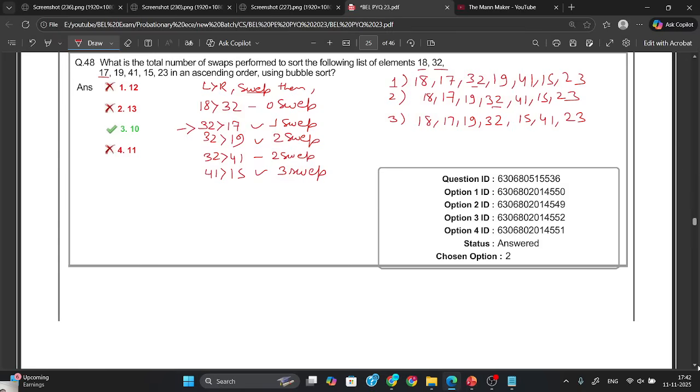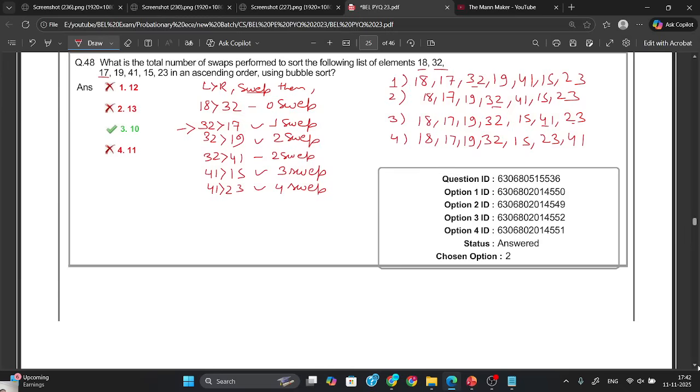Now we compare the next pair, 41 and 23. Again the condition is satisfied, so we do the fourth swap. In the fourth swap it will be 18, 17, 19, 32, 15, 23, and 41. Now 41 is the last one.